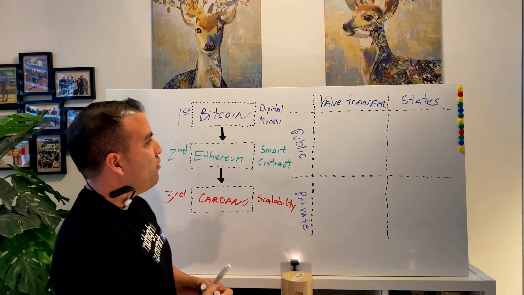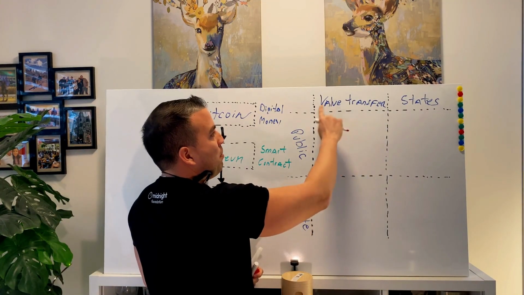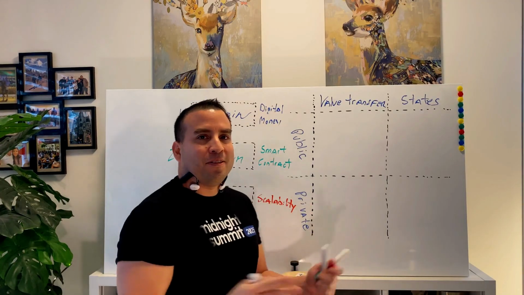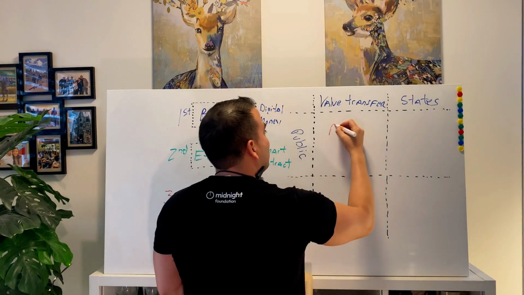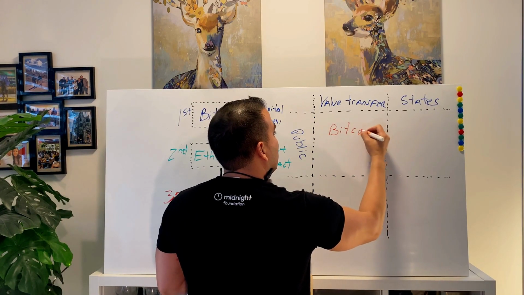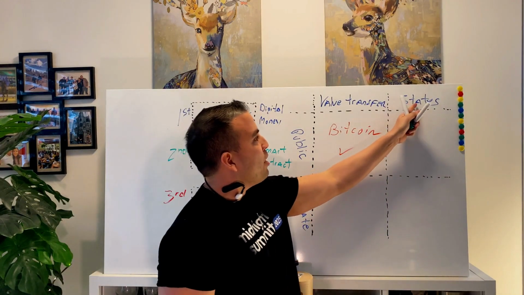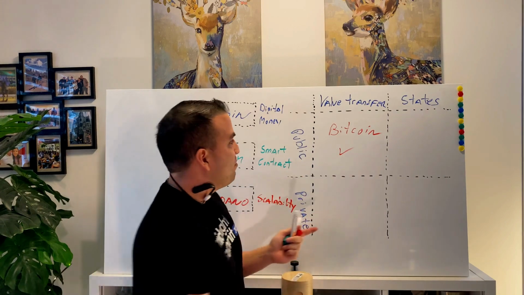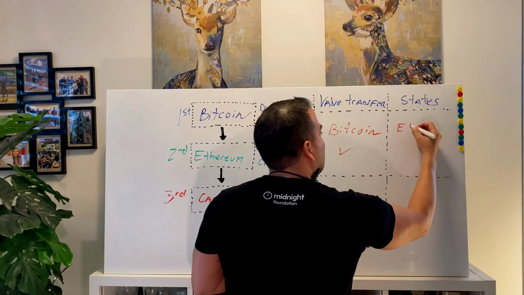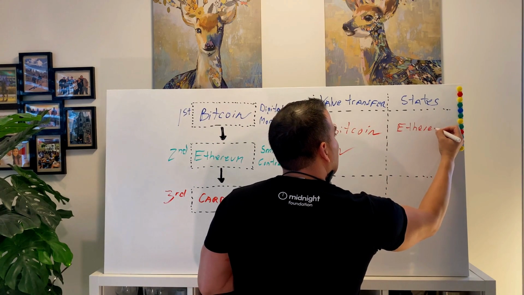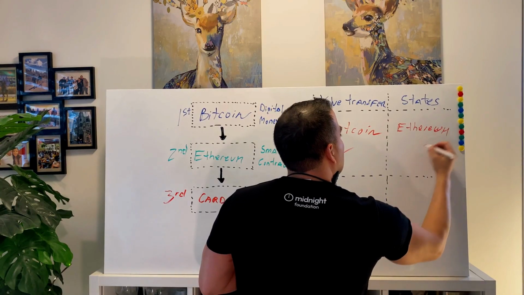So what we have in this first quadrant, value transfer with public? We know what that is: Bitcoin. Done. What we have in smart contracts, public: Ethereum. Done.